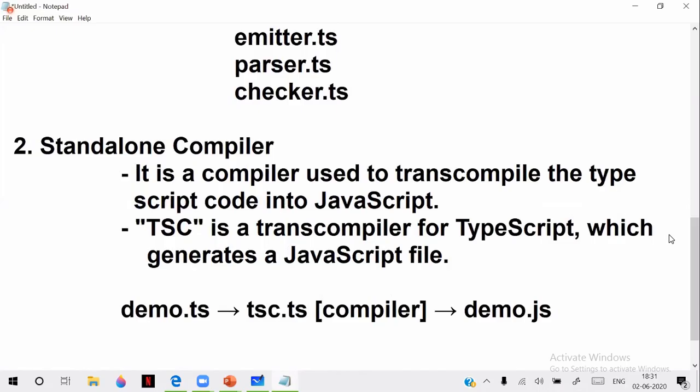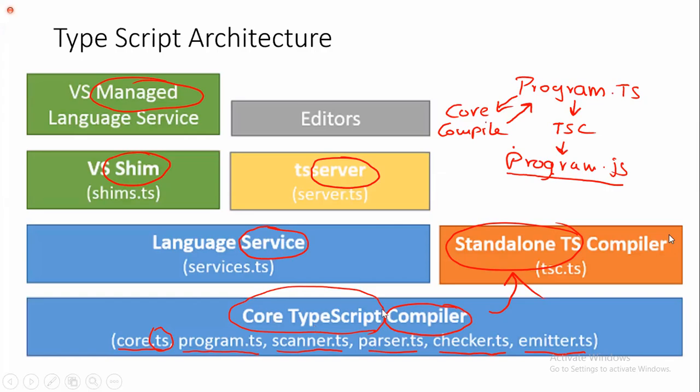That means it transcompiles into JavaScript. That is the purpose of the two compilers in the TypeScript architecture. So we have a core compiler and we have a standalone compiler. Next, you have a language service, services.ts.